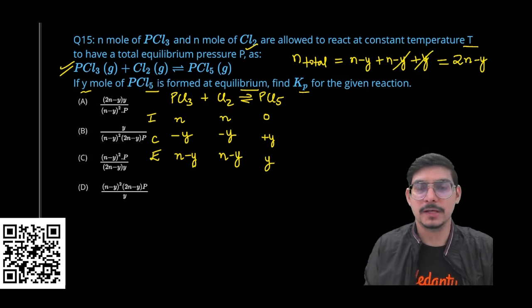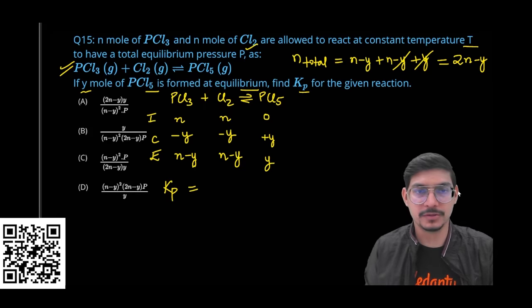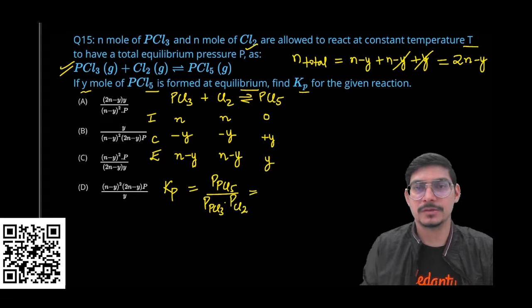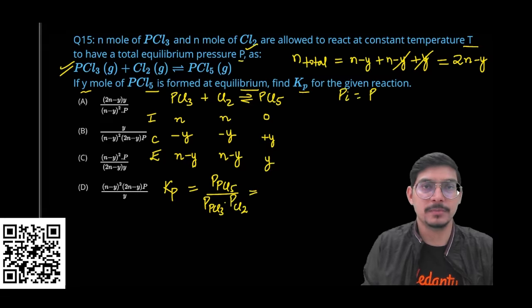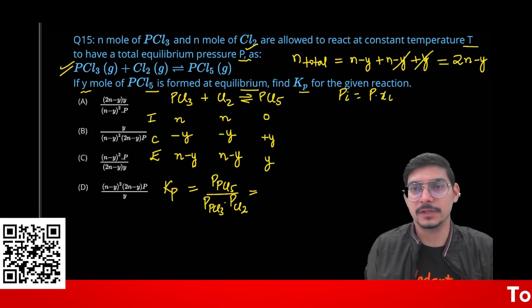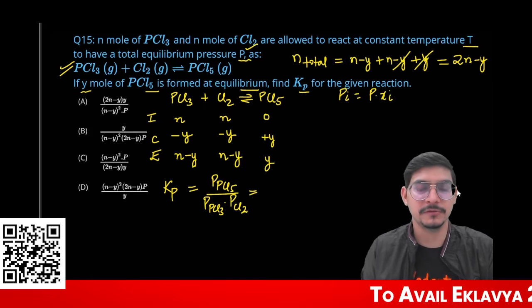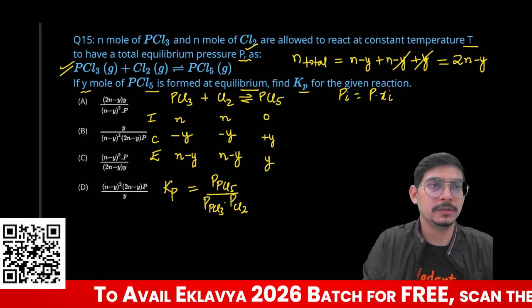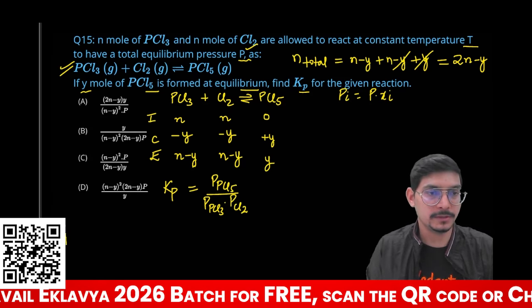Now Kp we can write as the expression in terms of partial pressure, which would be partial pressure of PCl5 divided by partial pressure of PCl3 multiplied by partial pressure of chlorine. As per Dalton's law, the partial pressure of any species is the total pressure, which is given here as capital P, multiplied by the mole fraction of that species, which we can find out using the number of moles. So let us substitute the values, right? These number of moles.